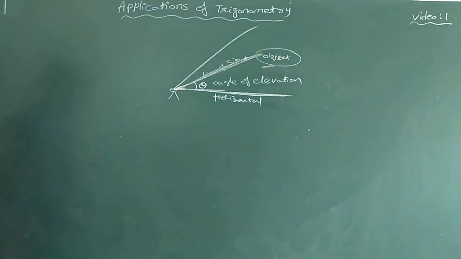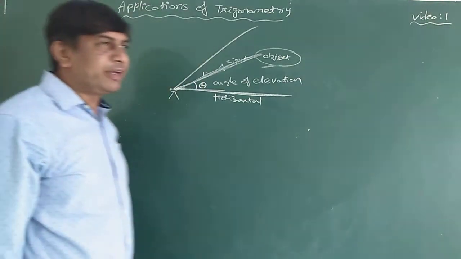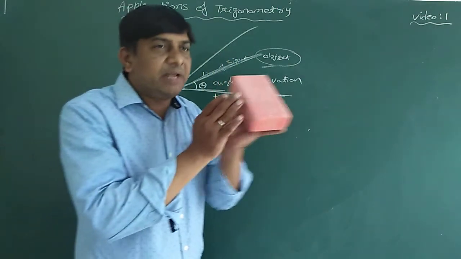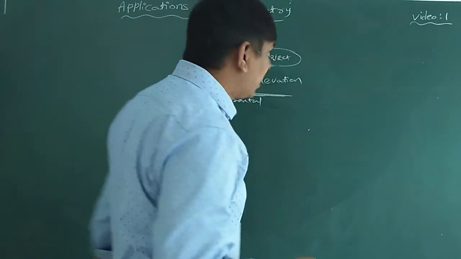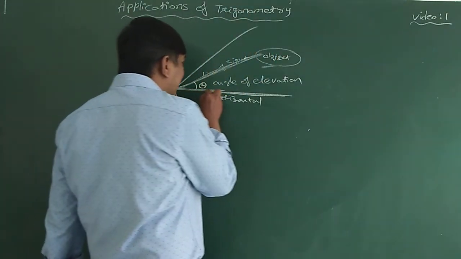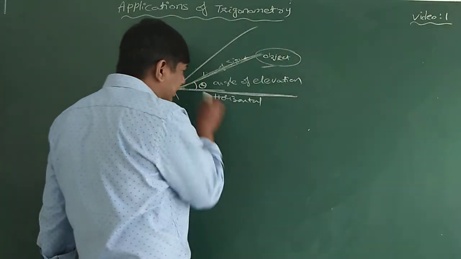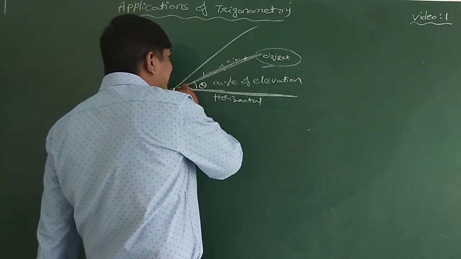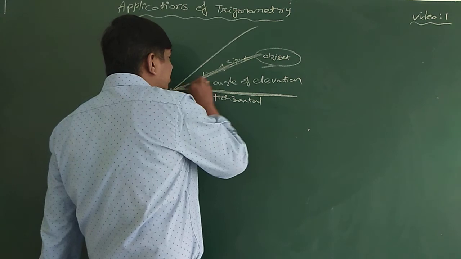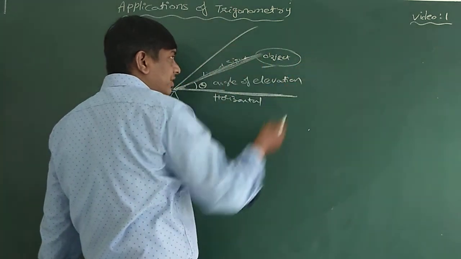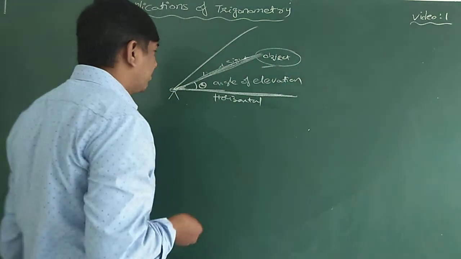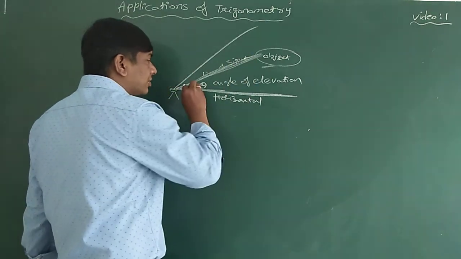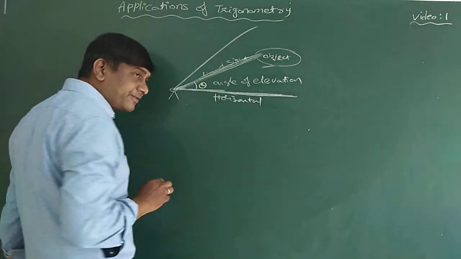When a person observes an object, infinitely many rays pass. One ray is parallel to the ground, that is the horizontal line, and one ray goes from the person to the point of contact on the object. That ray is called the line of sight.